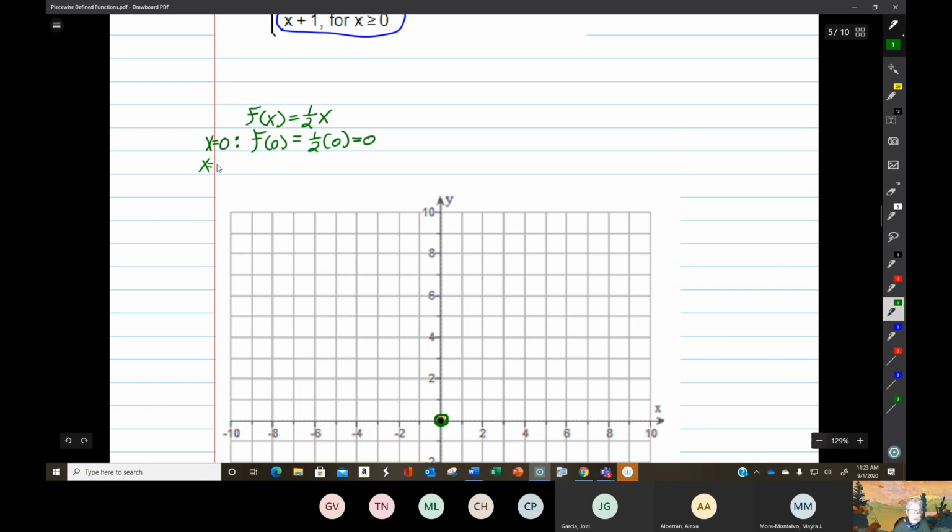If x equals -4, then f of -4 is going to be 1/2 times -4, which is 1/2 times -4 over 1. 2 goes into 2 one time, and 2 goes into -4 -2 times. Multiplying the tops and bottoms, I'm just doing it the long way right now, we get -2 over 1, which is -2. So if x is -4, y is going to equal -2.